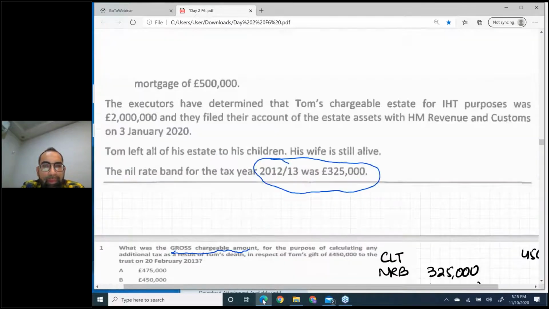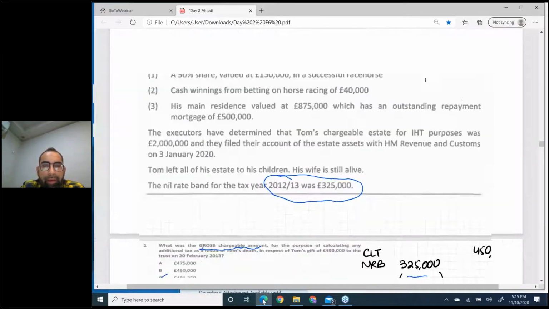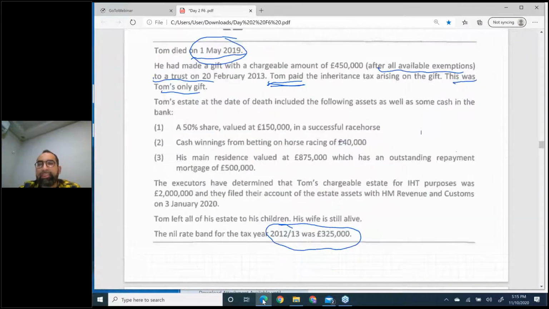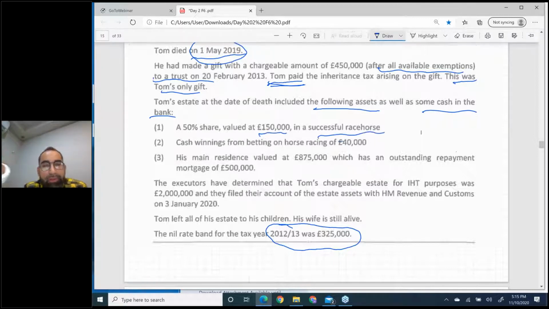Tom's estate means death estate. Now we are going to calculate death estate, just as I taught you. Tom's estate at the date of death included the following assets as well as some cash in the bank. A 50% share valued at 150,000 in a successful race horse.